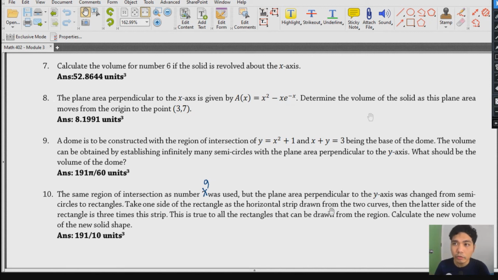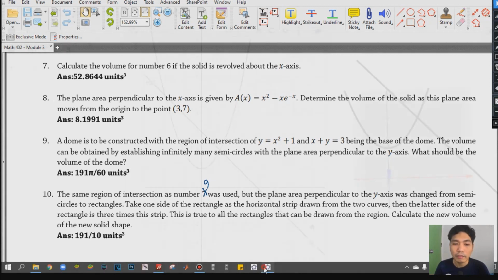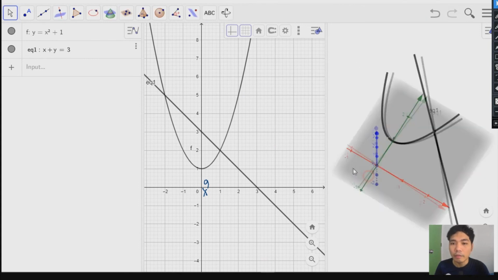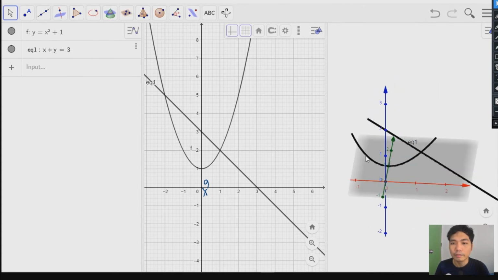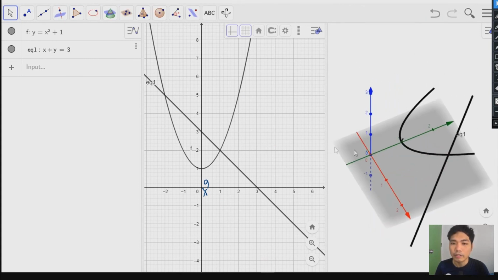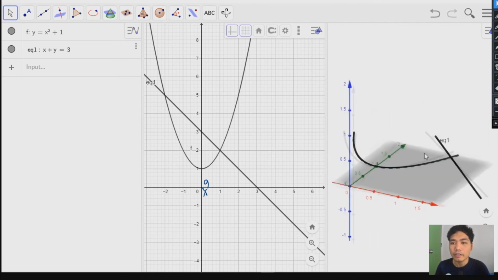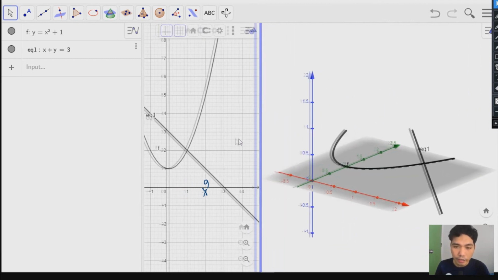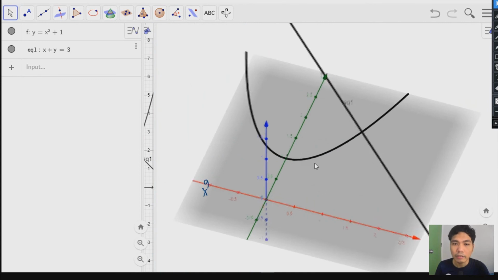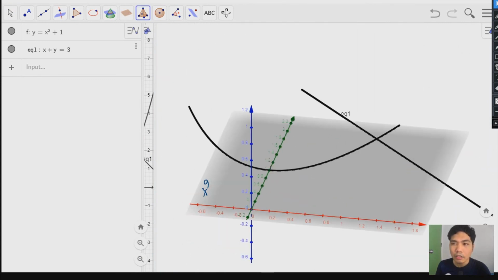So if you try to go back here and then tingnan ulit natin yung figure, kasi diba before I try to use yung parang semicircles, diba? Pero ngayon kasi, since it's already stated, we'll be using rectangles naman. Or, tama, rectangles. So, pag rectangles ang gagawin mo, parang meron ka dyang mga rectangles dyan, nalapat siya dun sa inyong pinaka-base.